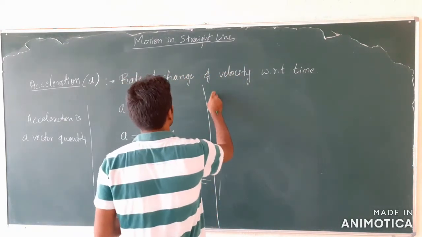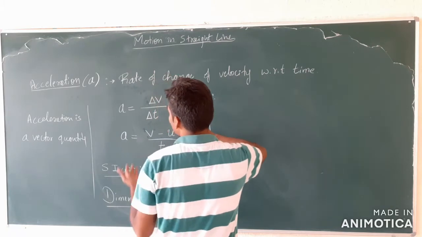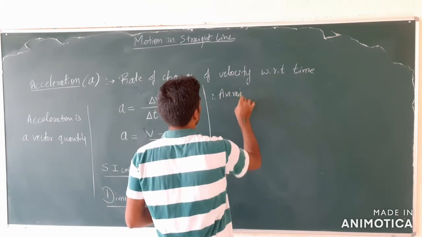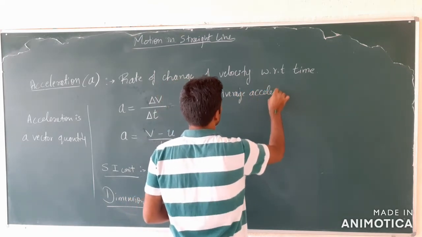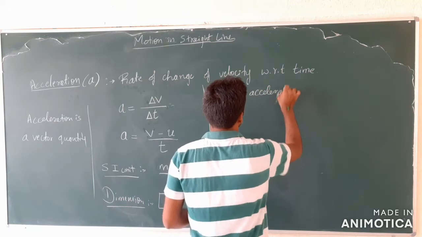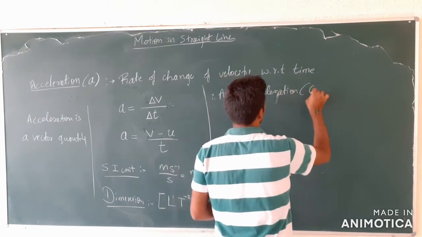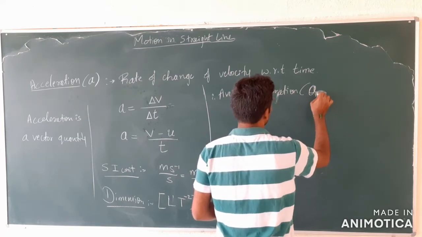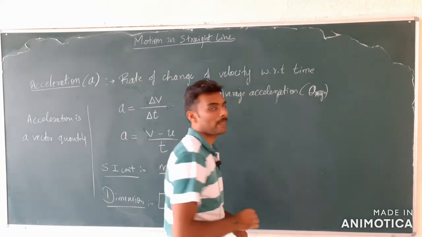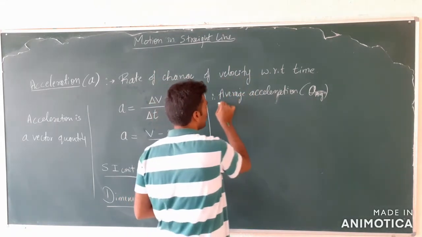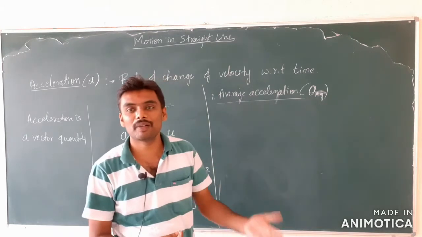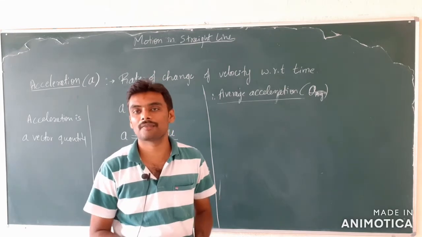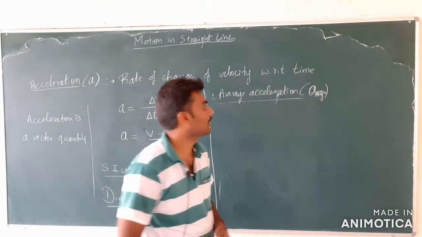Let us take average acceleration, which is represented by small a with subscript avg. Very simple. Total change in velocity by total time taken is average acceleration. Very similar to what we discussed in the average velocity case.